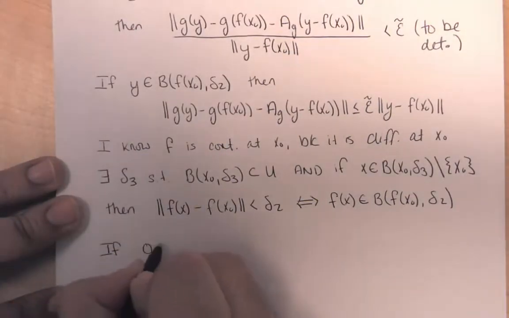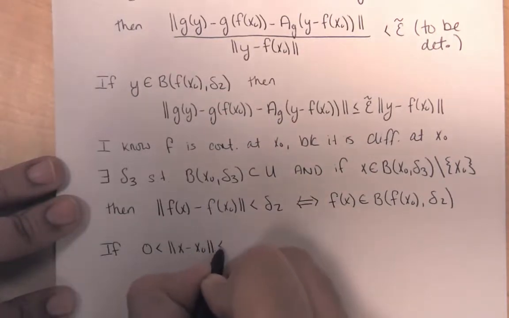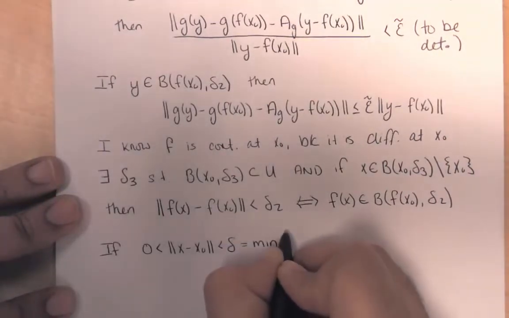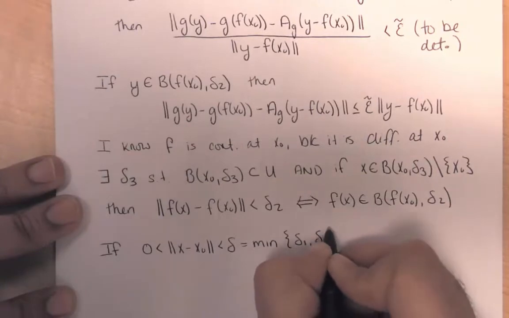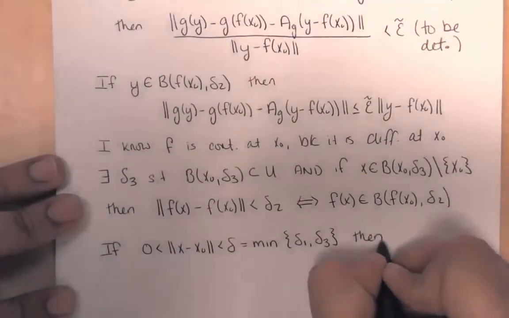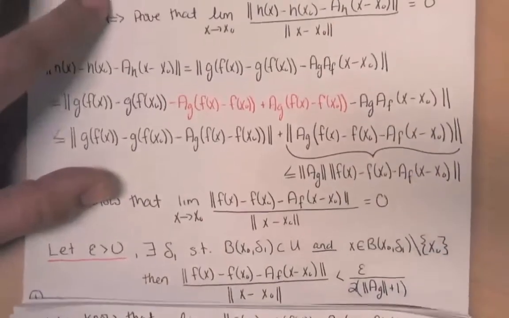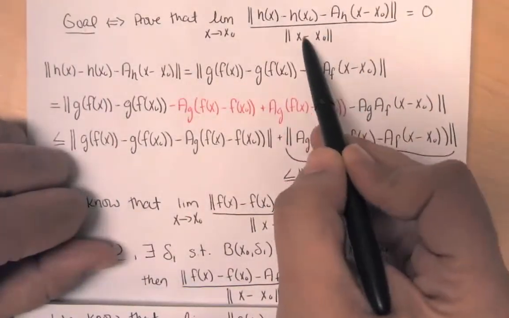If x minus x naught is less than delta, which is, again, the smaller of delta 1 and delta 3, then, and now we come back to our goal. Right, now we're going to show that we can make this arbitrarily small.